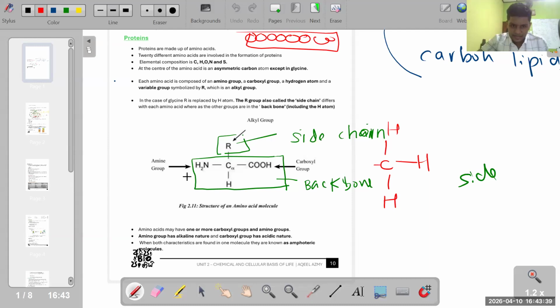All these three, when they are present, including this asymmetric carbon, these four components give us the backbone. So initially I asked, what are the components in a backbone? So you should be clear with the question. Here I asked, in an amino acid, how many backbones are present? Now tell me, how many backbones?